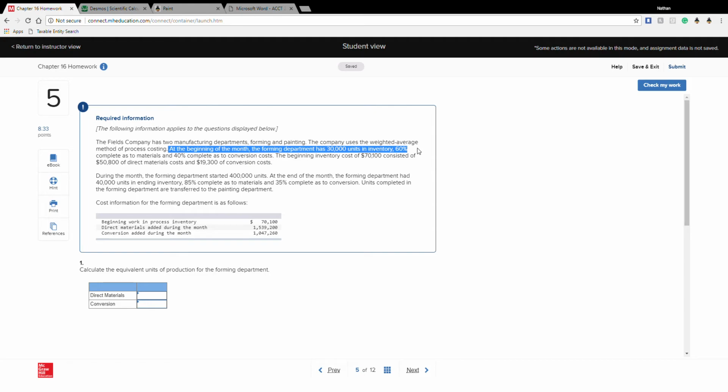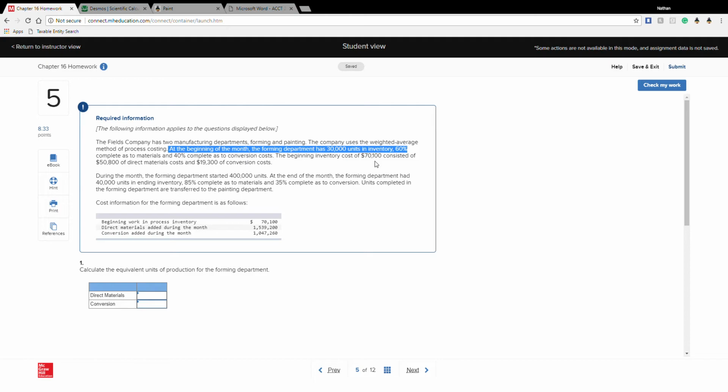So with this, 60% completed as materials, 40% completed to conversion cost. The beginning inventory cost of $70,100, consisting of $50,800 of direct material cost, and $19,300. Again, not too focused on that.